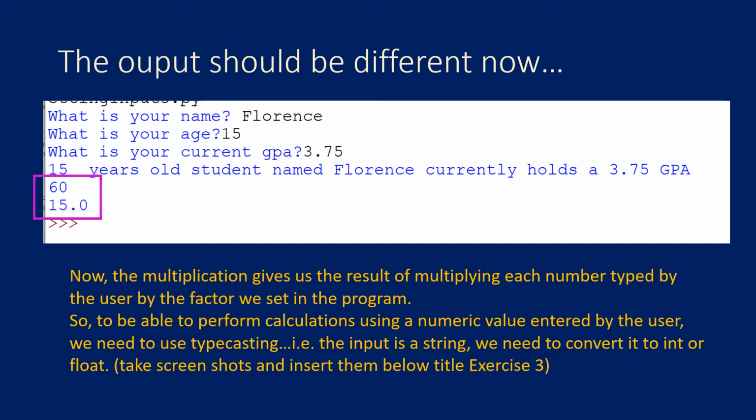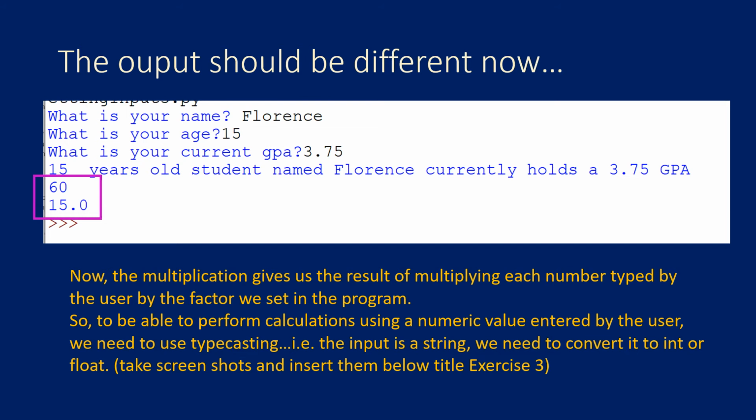What is in that magenta box, 60 and 15.0, are the results of the calculations: 15 times 4 is 60, and 3.75 times 4 is 15. And because it is a float, it shows me 15.0, even though it doesn't have any decimal component.